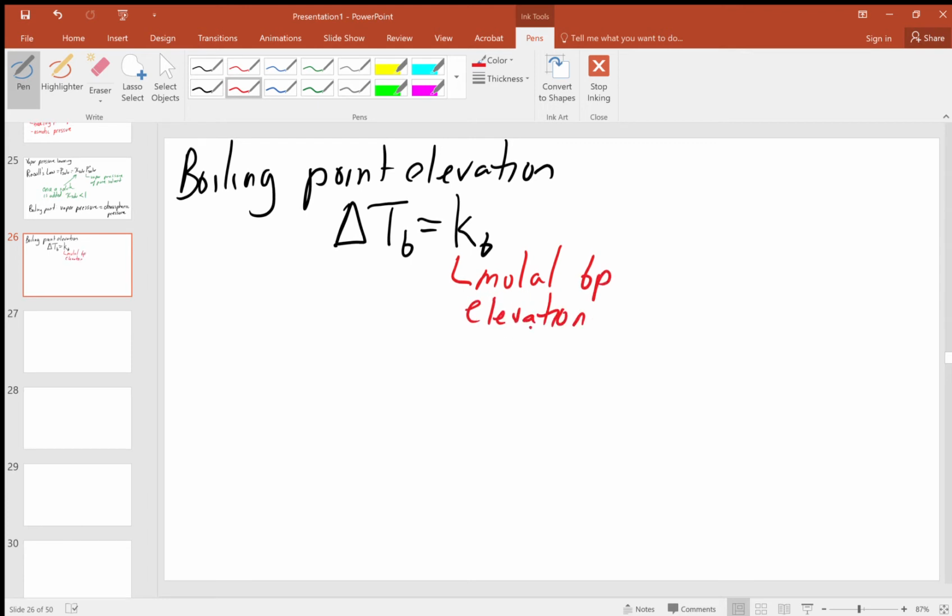It's different for every solvent. We multiply that times i, and I'll define what that is in a moment, times the molality. So i is known as the Van't Hoff factor.